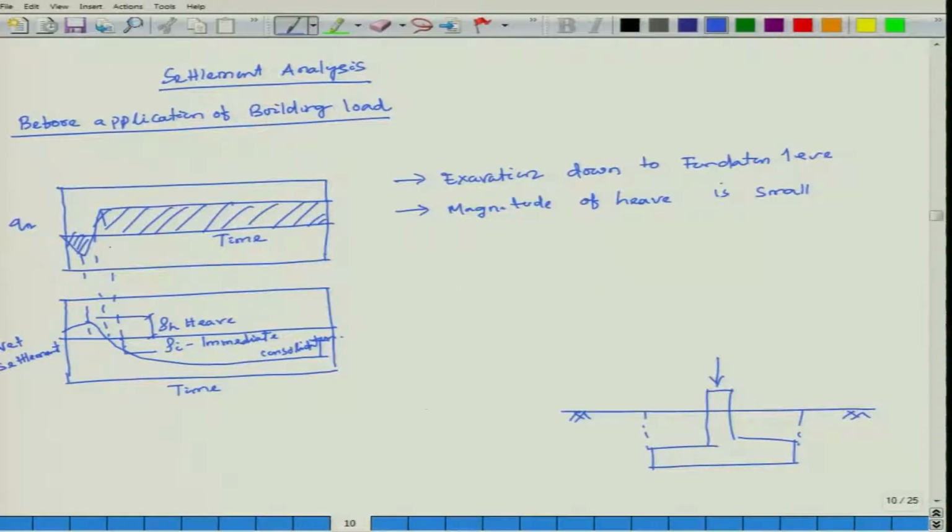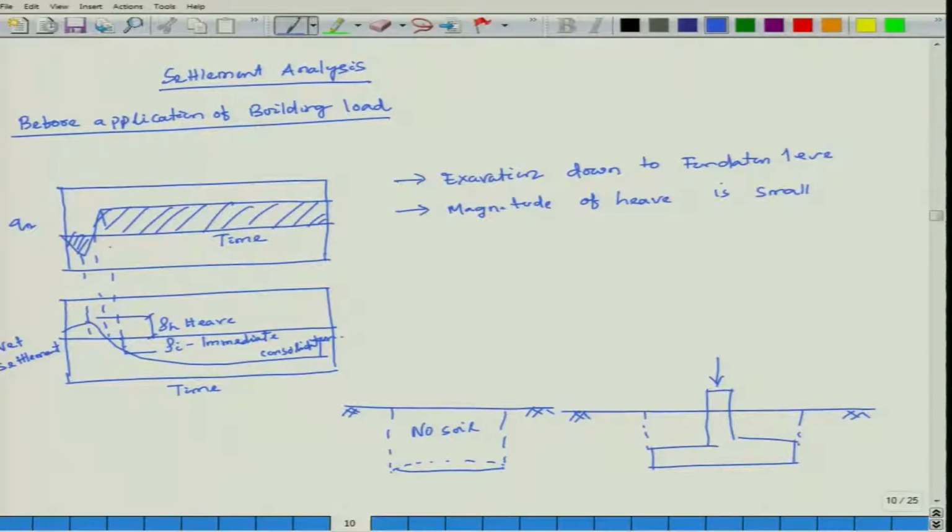Once you take out the soil, there is no soil there, so there will be some heave at the bottom. This heave is small, but if you leave it for a long time, if there is a deep cut, the heave may be of larger magnitude.